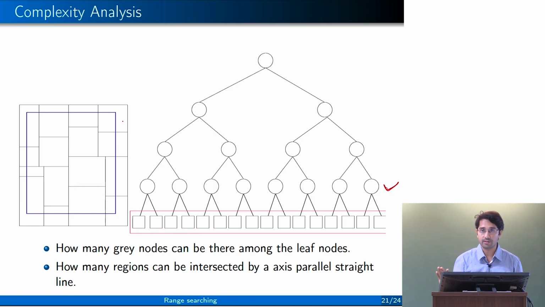Order root n always, right? 4 lines, so 4 root n. Let us say I am counting only one line, say it is root n. How many boxes from this set of boxes does this line intersect? Root n.